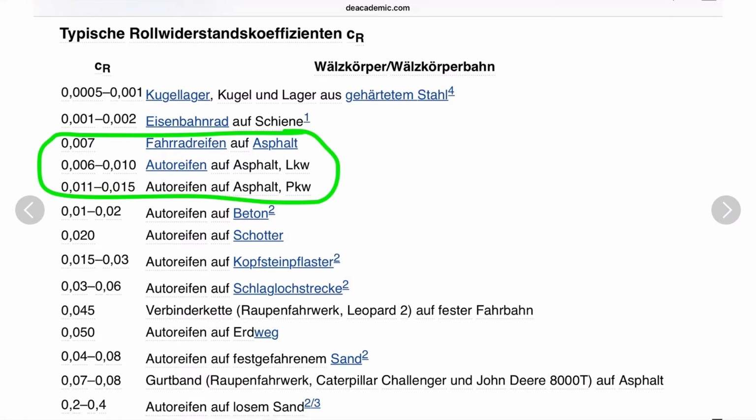You maybe have also racing bike tires. So this is then again reduced in the rolling coefficients because the width of the race tires is so small, and then you maybe have even only 3 or 4 thousandths for the rolling coefficient.